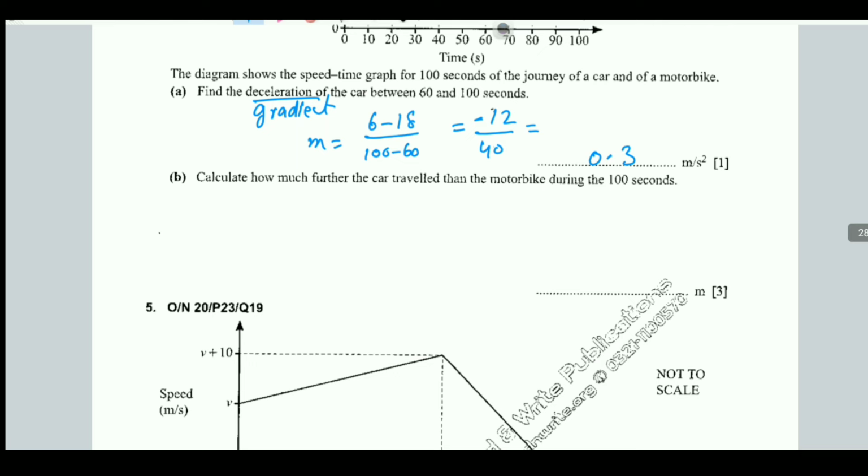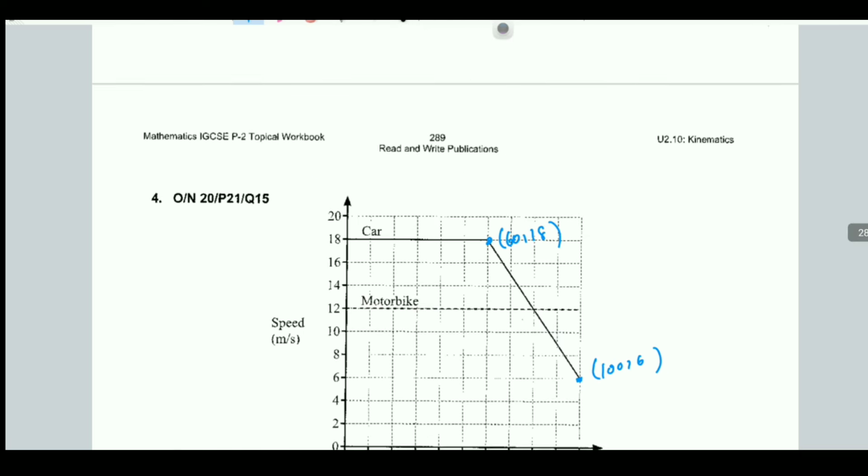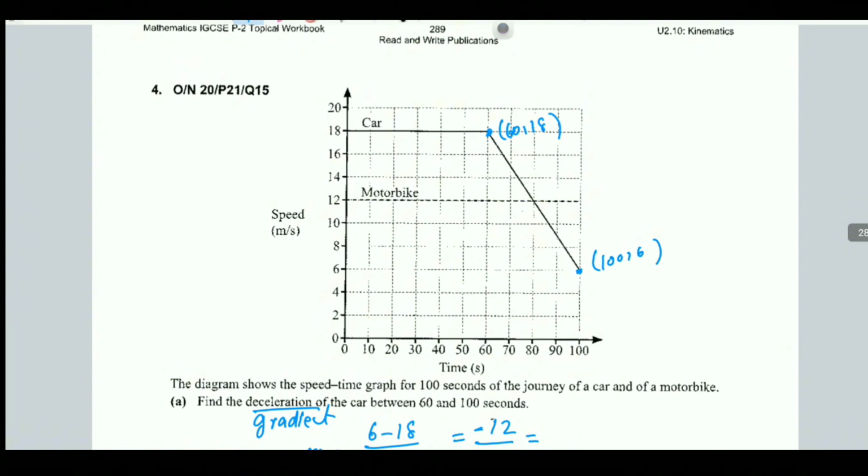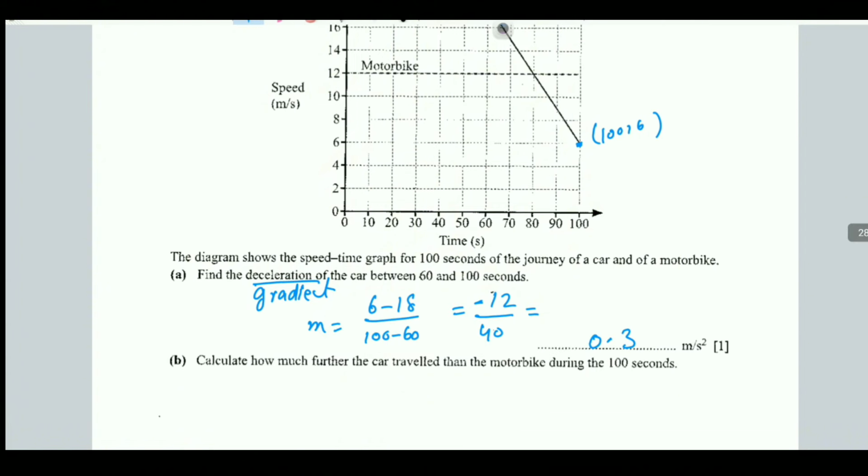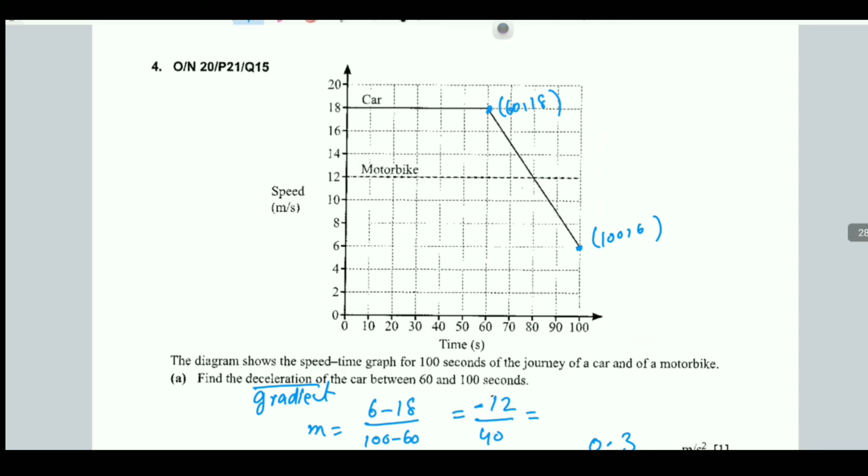Calculate how much further the car traveled than the motorbike during the 100 seconds. It means you have to find the area of the car and the area of the motorbike, and then subtract them. How will you find the area of the car? You can find the total area of this, which is a rectangle, and subtract the area of this triangle.